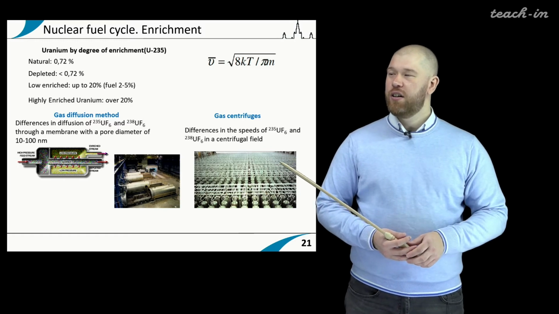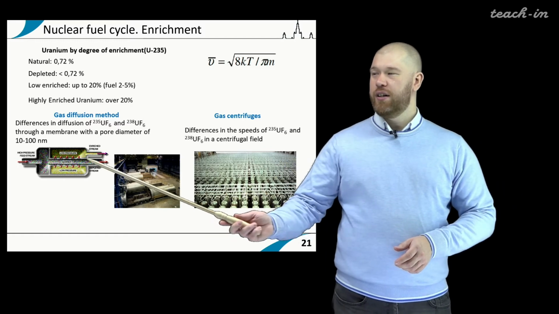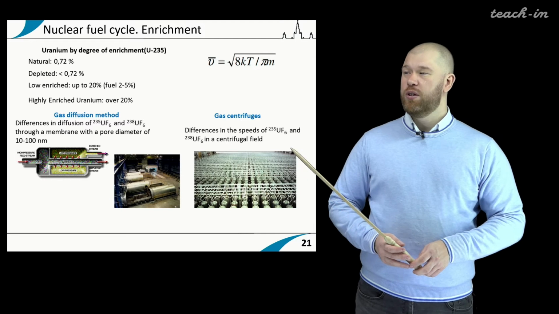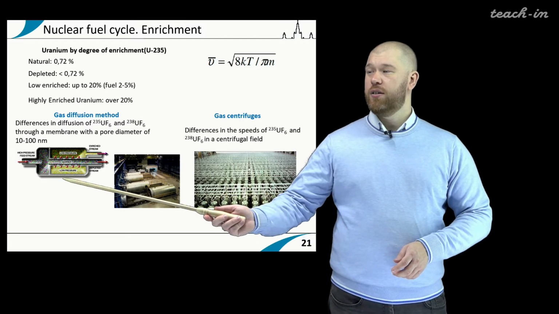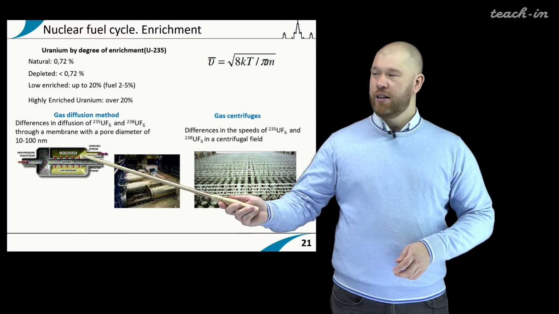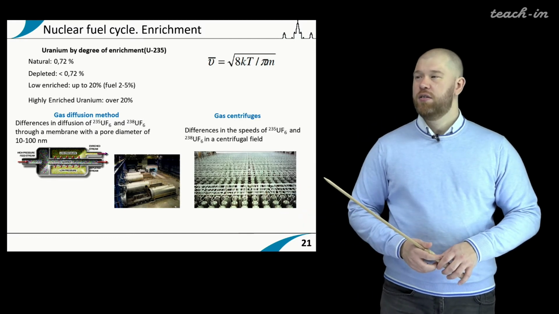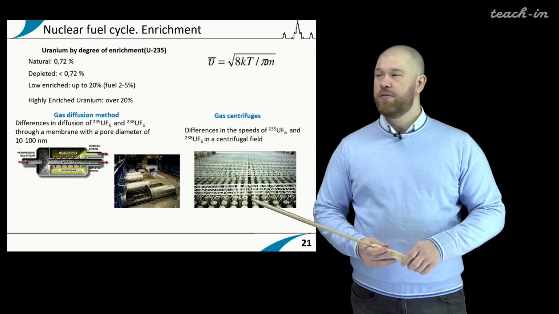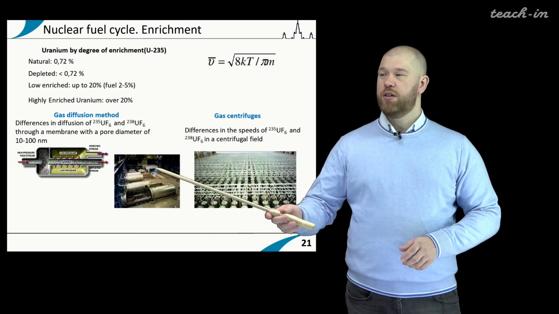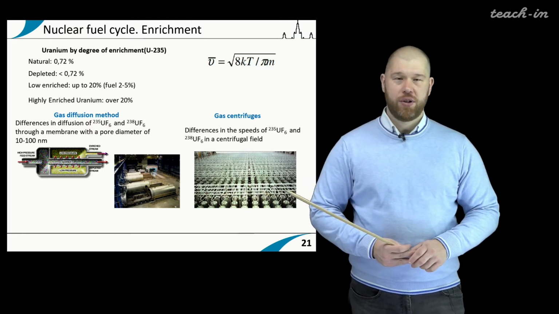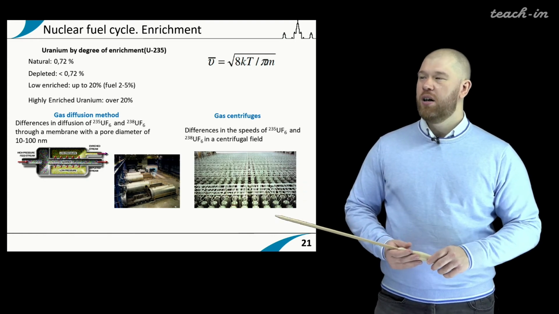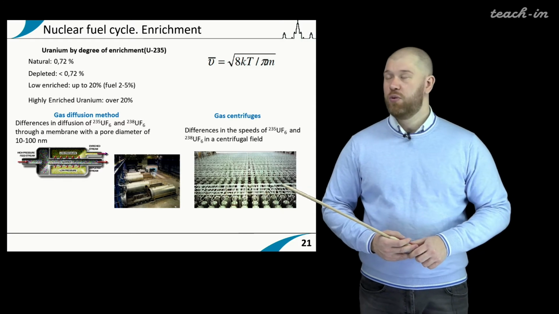Thus, the lighter the molecule, the faster the diffusion through the membrane, and the gas stream after this membrane is slightly enriched in the light isotope of uranium, uranium-235. And if we repeat this procedure several times, finally we can obtain the gas stream with sufficient enrichment of uranium.